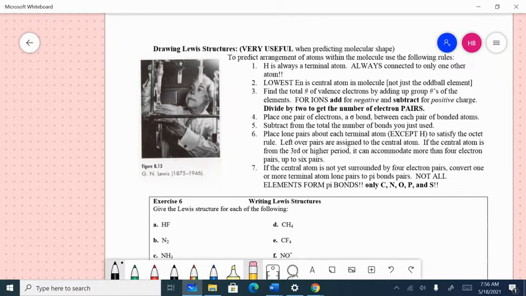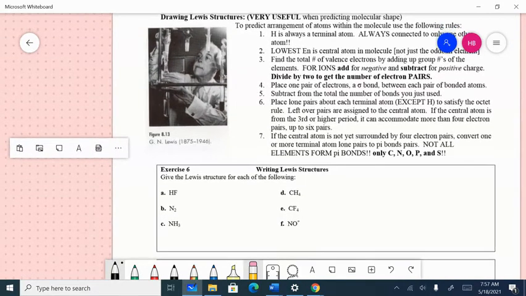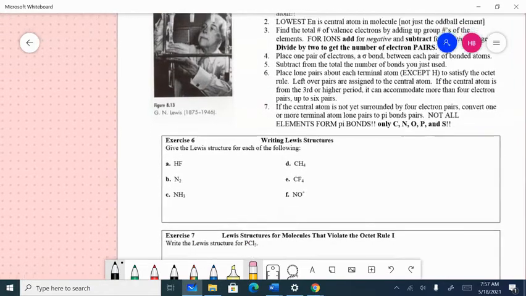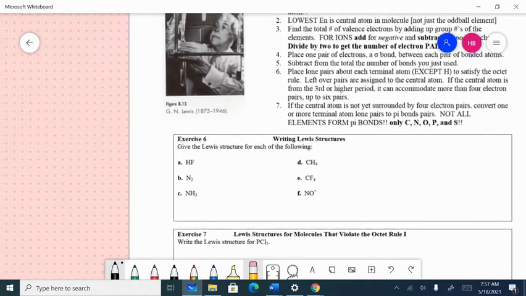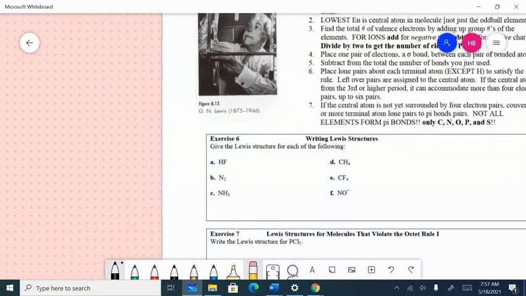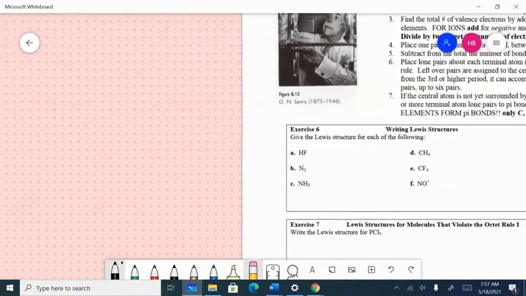So remember, hydrogen would want 2, and all the other outside ones are going to want 8. If the central atom is not yet surrounded by 4 electron pairs, you're going to have to turn one of the lone pairs of electrons on the outside atom into a double bond. Let's see if we can figure that out.